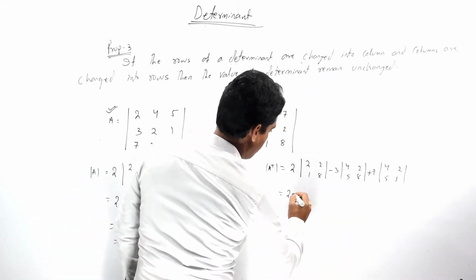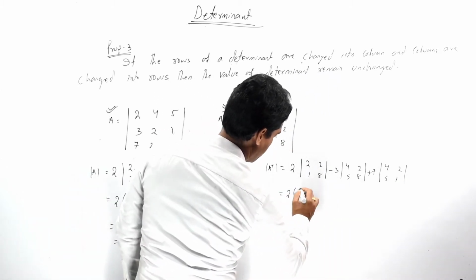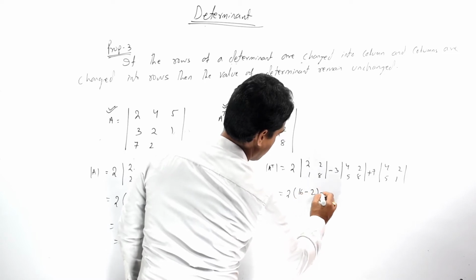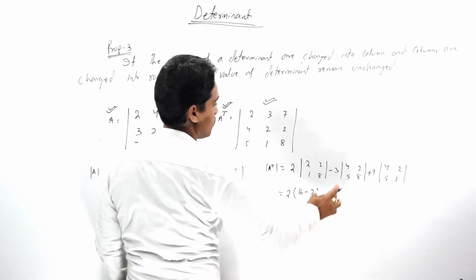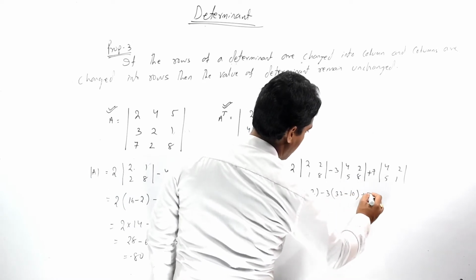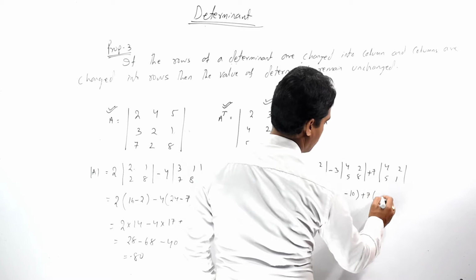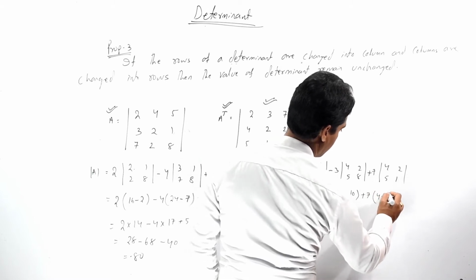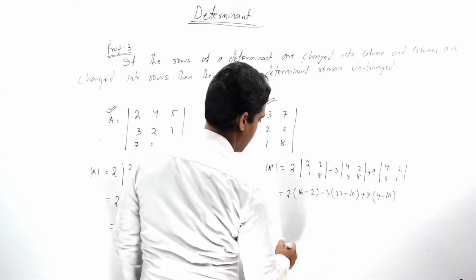By simplifying: 2 into 2 into 8, 16, minus 2; minus 3 into 4 into 8, 32, minus 10; plus 7 into 4 into 1, that is 4 minus 5 into 2, 10.